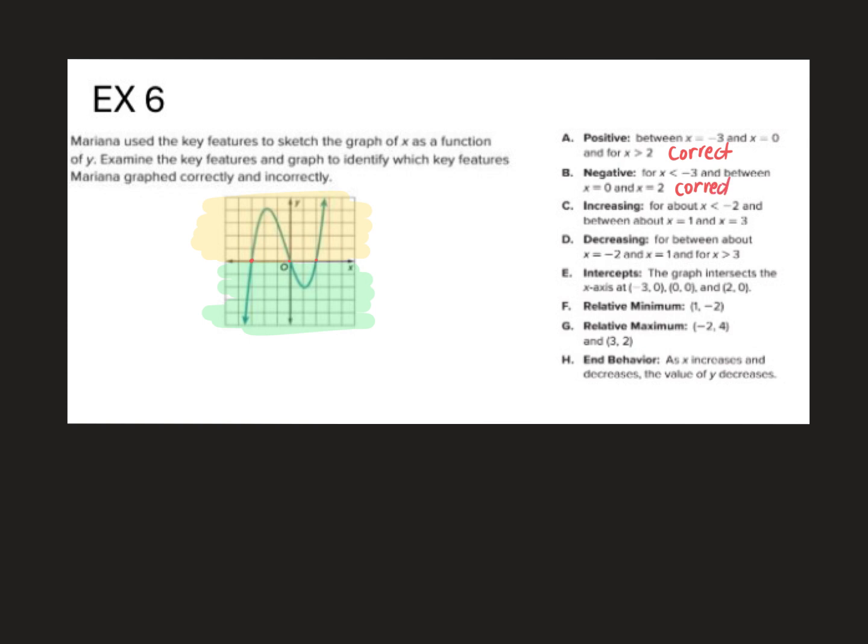Increasing for about x less than -2. So x is less than -2. Let me find x less than -2. So -1, -2. Increasing. Okay, so I agree from here to here, it's increasing. And between 1 and 3.